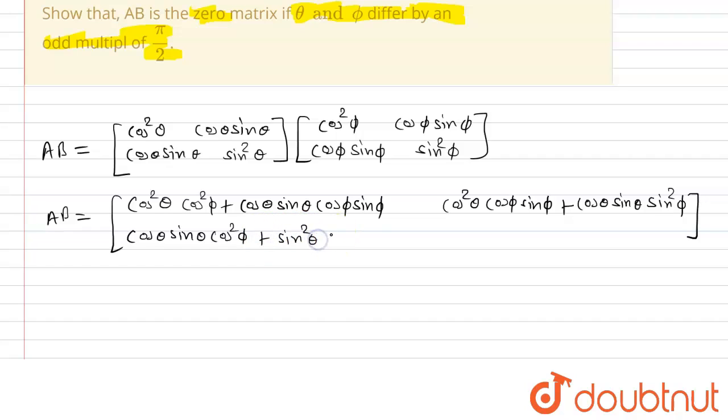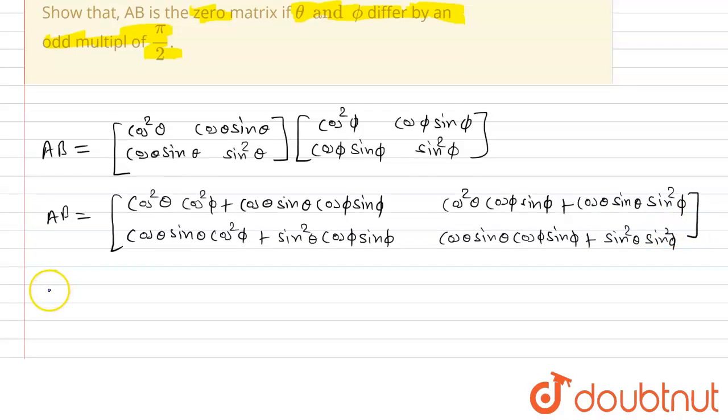Similarly, the fourth element will be cos theta sin theta cos phi sin phi plus sin square theta sin square phi.